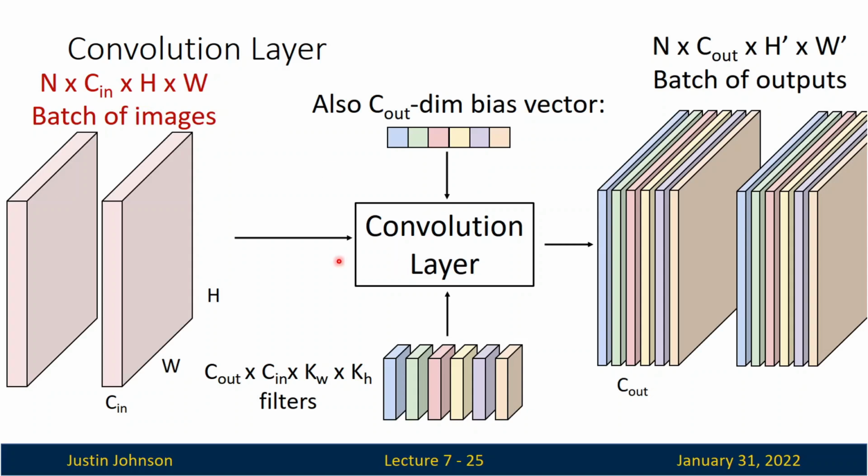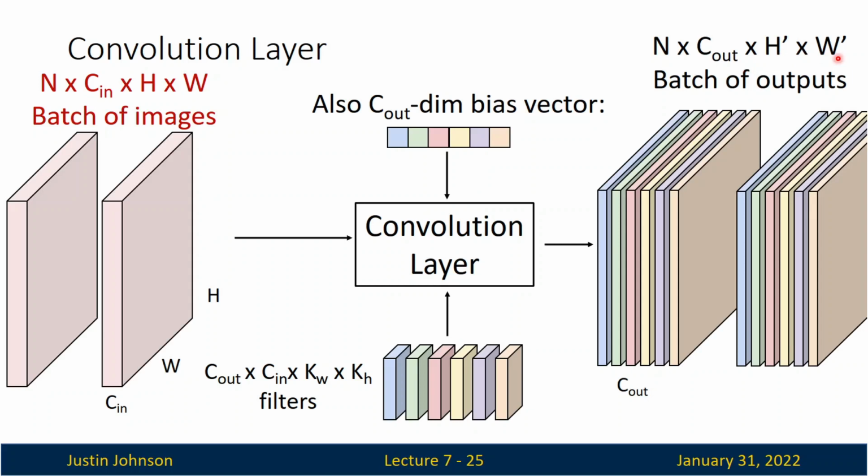So we have the weight matrix in the middle, and we have the bias vectors, whose dimension is C-out. Then what we will get is a bunch of output. You can view it as a tensor with dimension n times C-out times h prime and w prime.